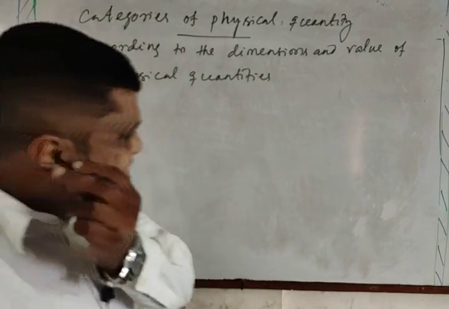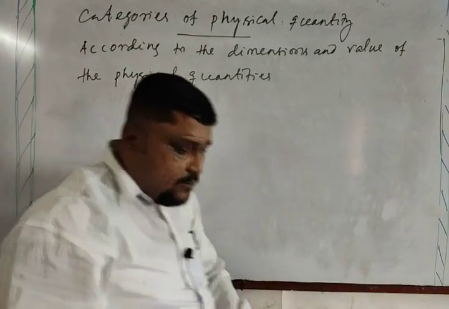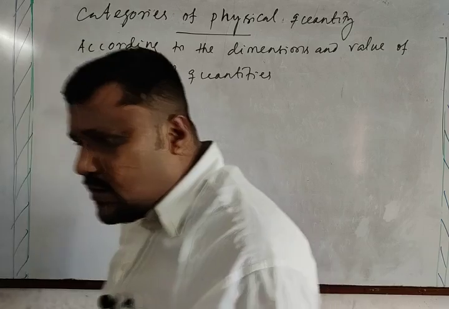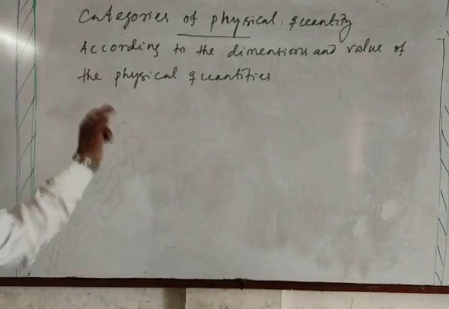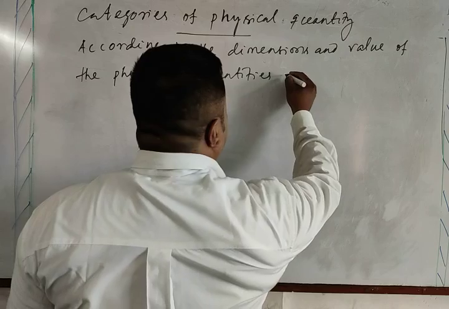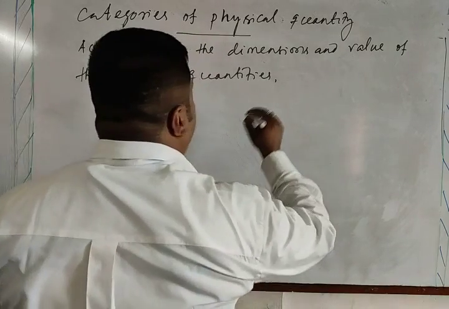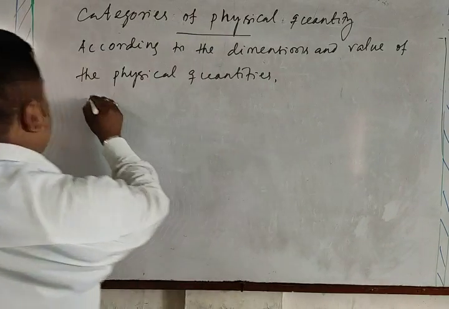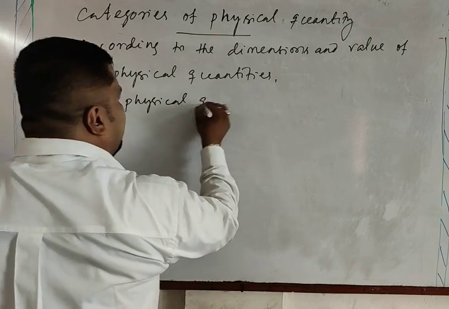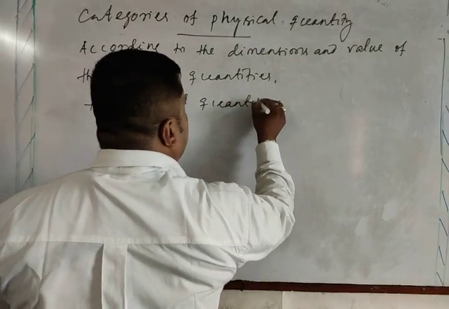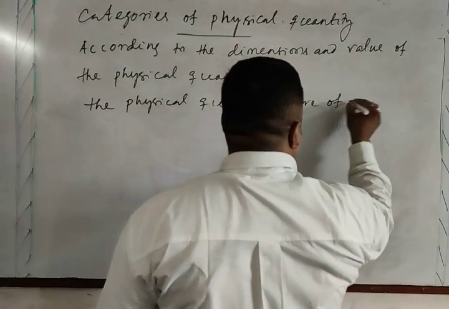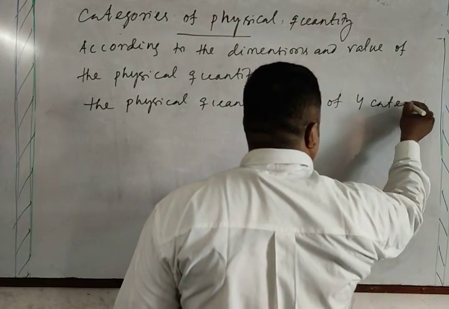A physical quantity has a dimension and has a value. So according to the dimensions and the value of physical quantities, the physical quantities are of 4 categories.